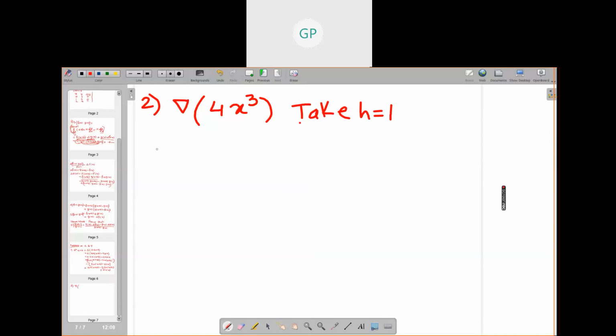What will be del of 4x cube? What would be del 4x cube?